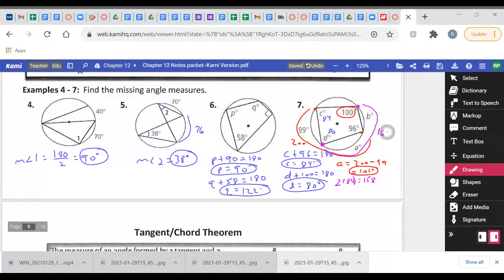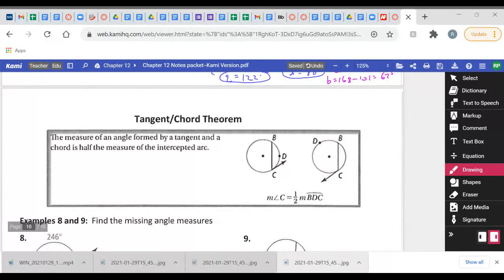So I know that purple arc is 168. And I know what A is, which is 101. So I can just say that B is 168 minus 101, which gives me 67. Okay, so just use one of the rules to find the missing things.